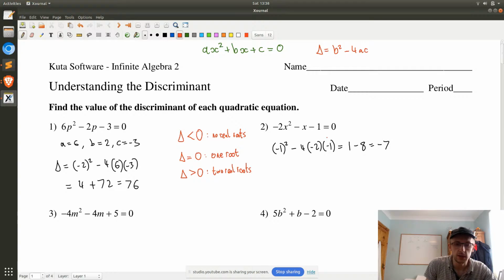But if you allow yourself to have complex numbers, then if it's less than 0, it actually has two complex roots, and they're complex conjugates of each other. And as a reminder about what that is, the conjugate of a plus bi is a minus bi.